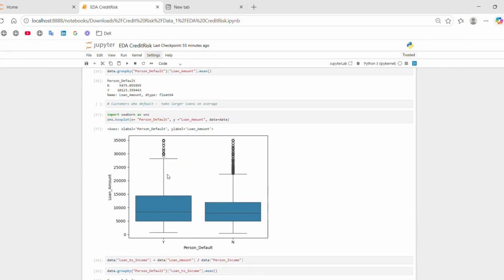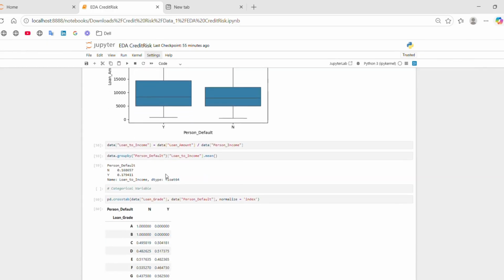The above analysis can be done with other variables as well. And be a storyteller, not just with jargon, but a meaningful story for each variable with respect to its relationship with the default.